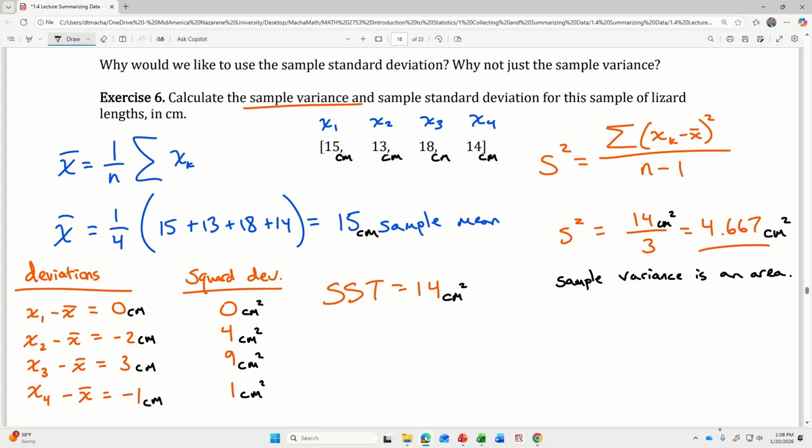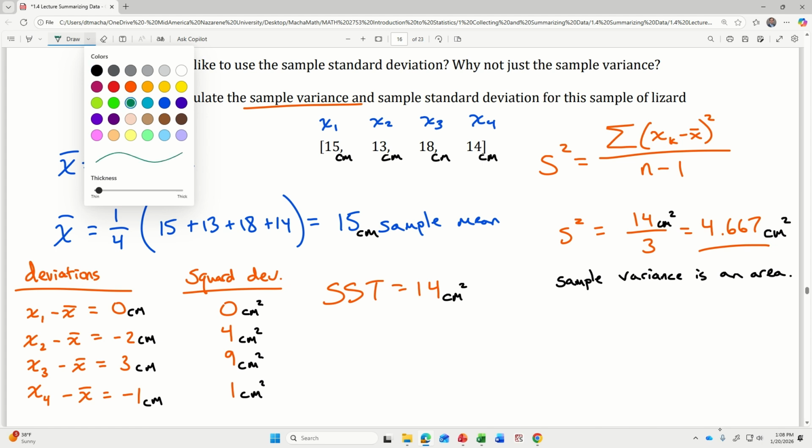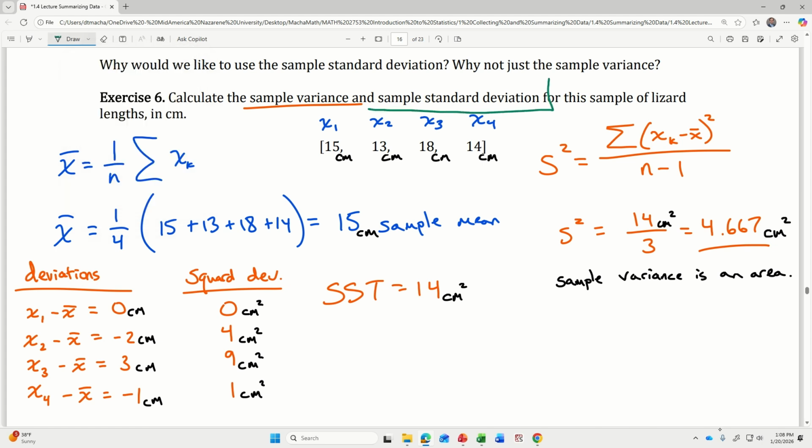Even though the measurements I was originally taking were lengths, the variance that I'm telling you about to measure my dispersion is an area. And that's weird. That's unnatural. It doesn't feel right. So the reason that we calculate sample standard deviation instead of just variance is because it's going to give us back the same unit of measure that we started with.